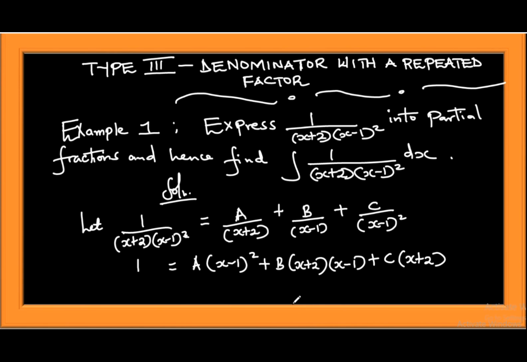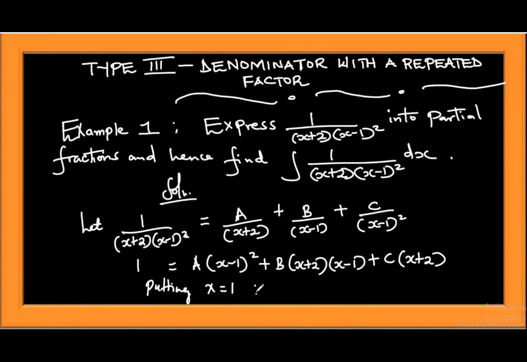And then from here, we can begin with the cover-up method, and later either we substitute a value of our choice, or we can equate coefficients as we did in type 2. So I can begin by putting x equals to 1. How did I obtain it? I equated x minus 1 to 0 to get the value of x.